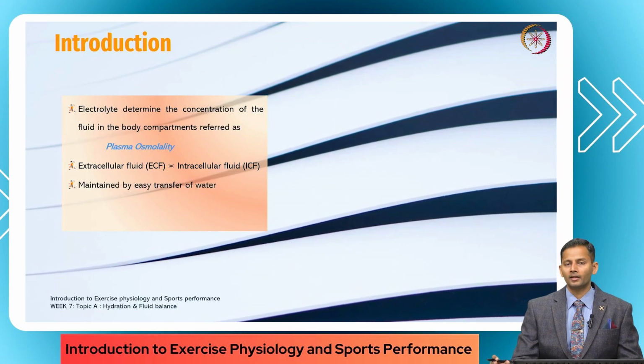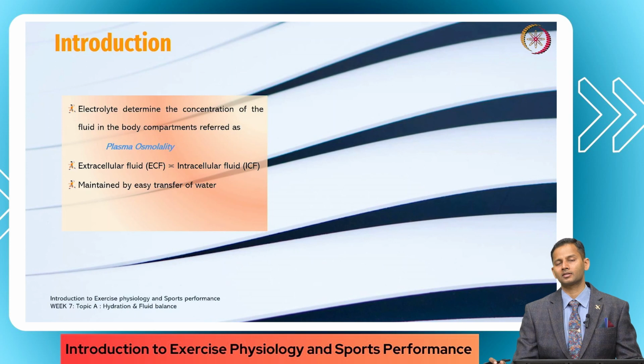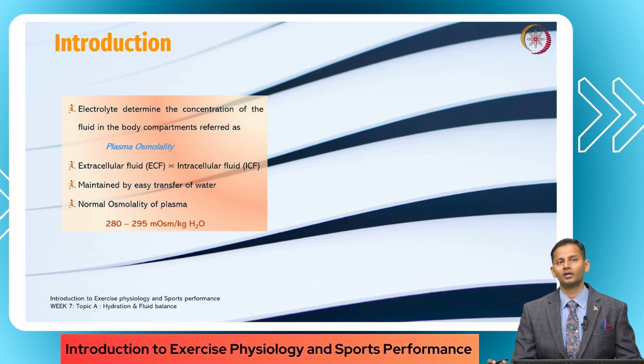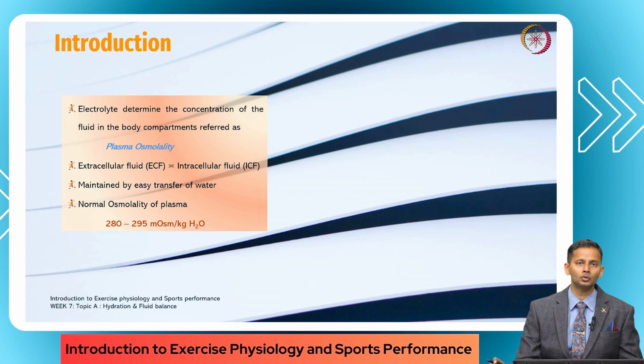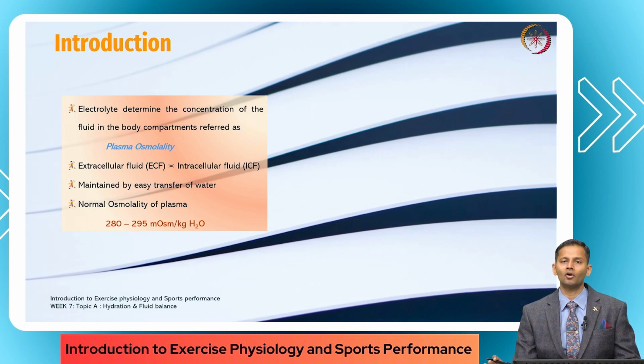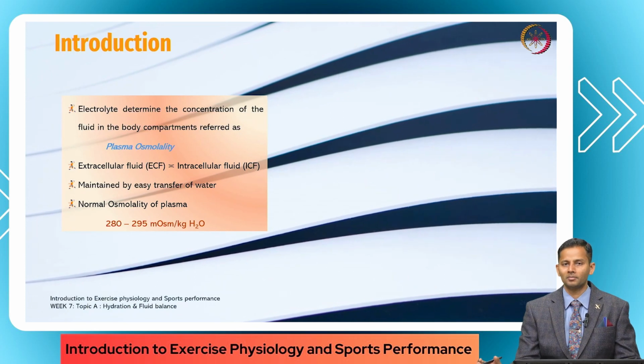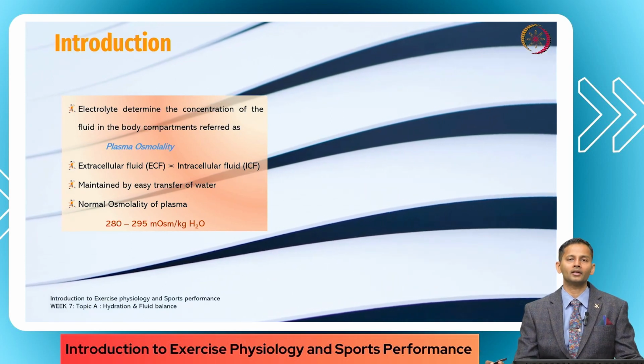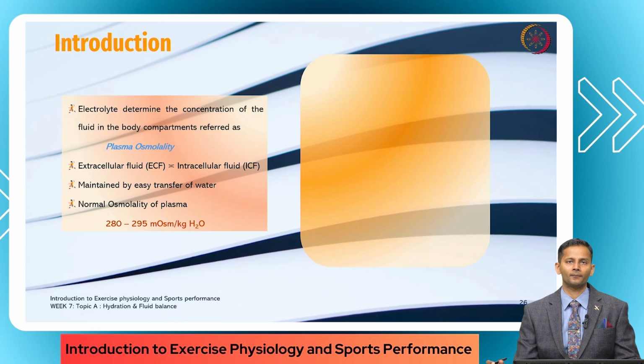This is maintained because there is easy transfer of water between these two compartments of the body. The normal osmolarity of plasma is 280 to 295 milliosmol per kg of water, because water is the major denominator in the maintenance of plasma osmolarity.